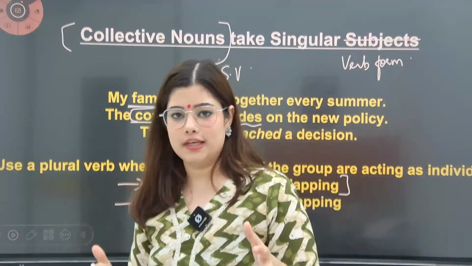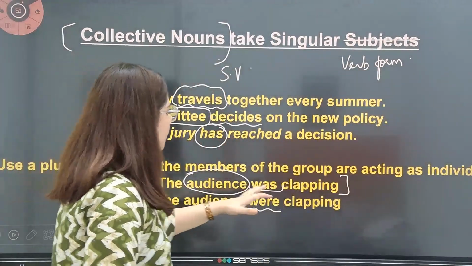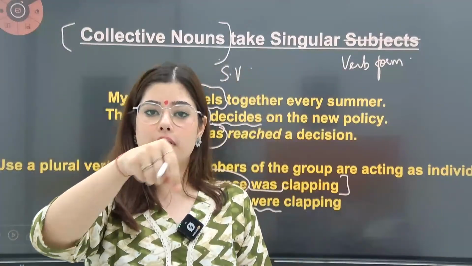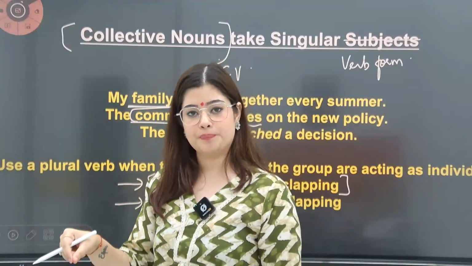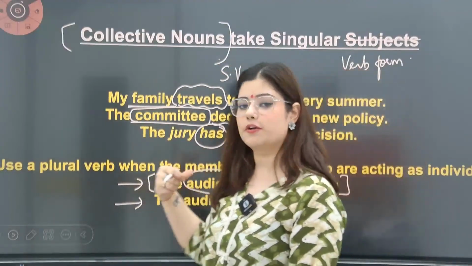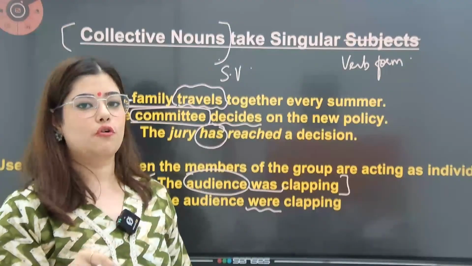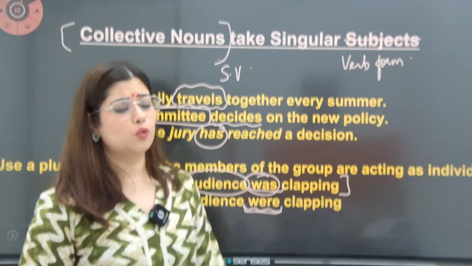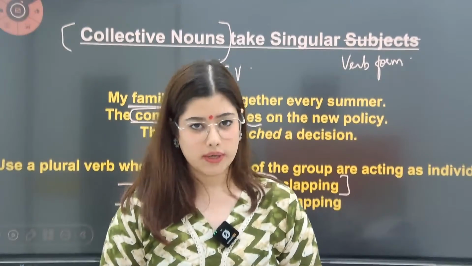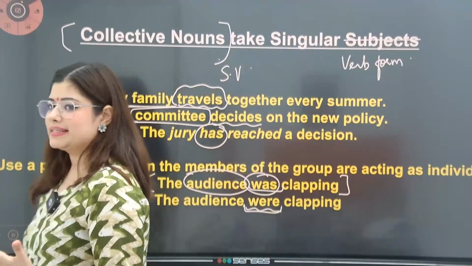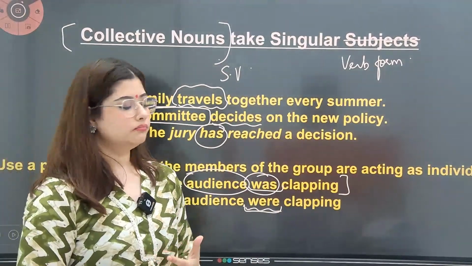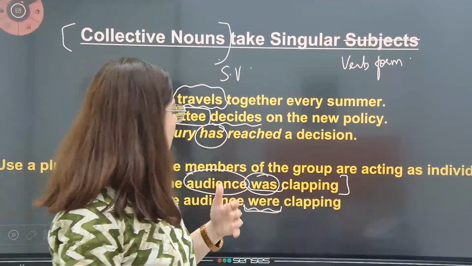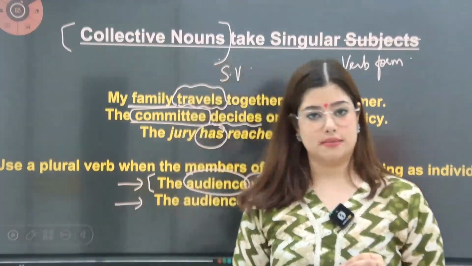No, it's actually not. When I say the audience were clapping, here I am referring to the individual members of the audience, and thus instead of using was, I have used were. Okay? So it is basically subject to interpretation. The context in which you're using either a singular or a plural verb form is important.